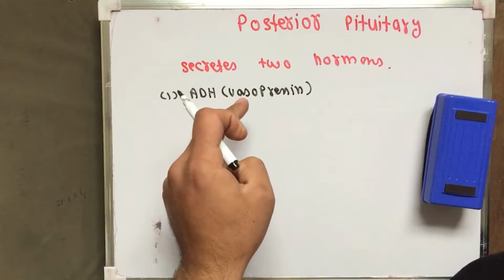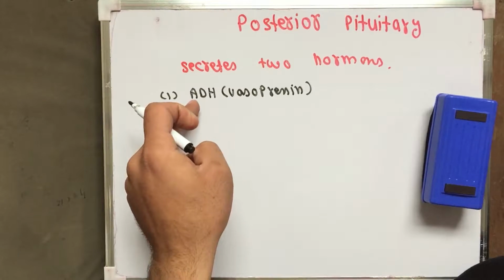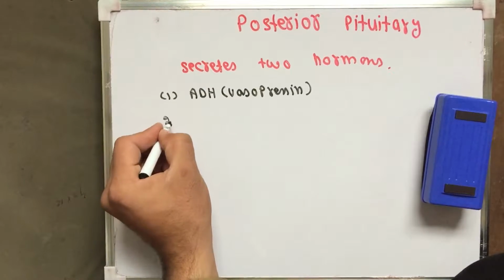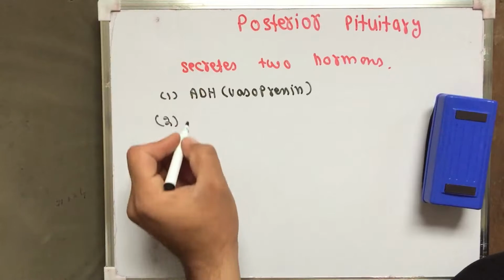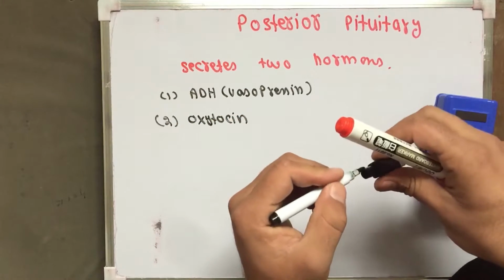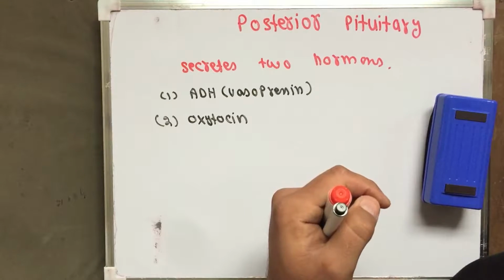Vasopressin is the second name of ADH, antidiuretic hormone. The second hormone that is secreted by posterior pituitary is oxytocin. So posterior pituitary secretes these two hormones.